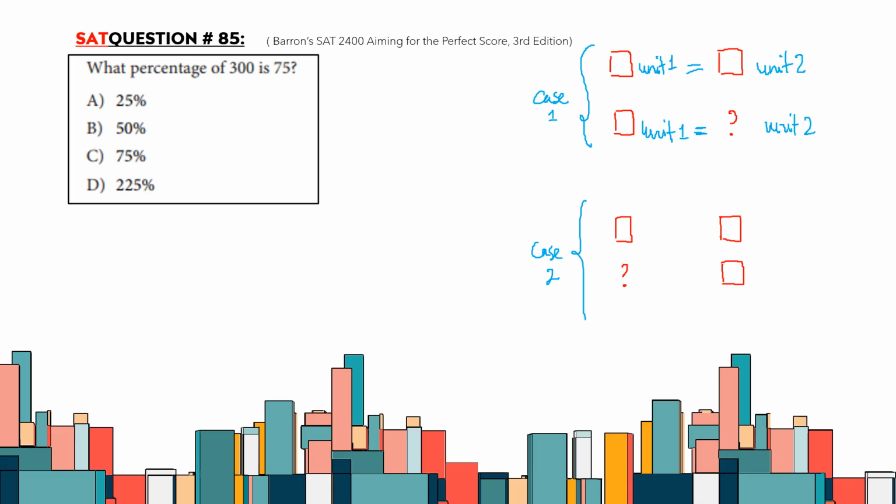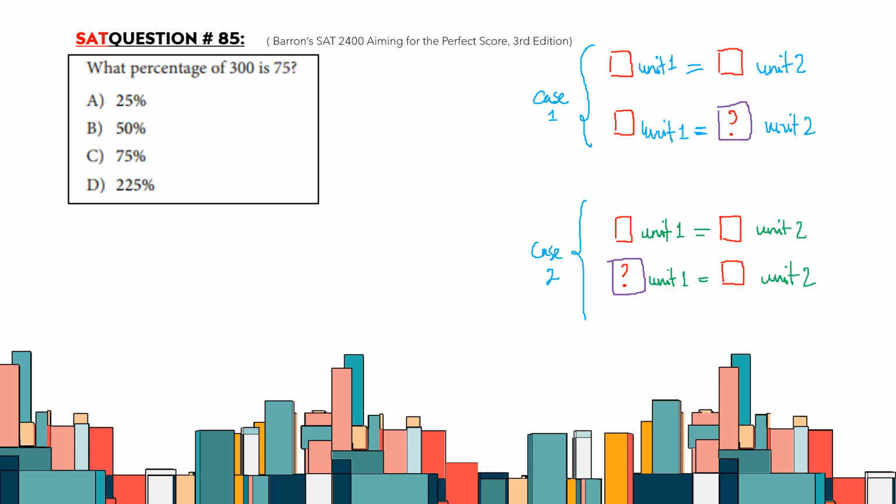You see, where is the question mark? The question mark is the unknown. So the units have to stay the same. Let's say this one is unit 1 again, which equals something in unit 2.